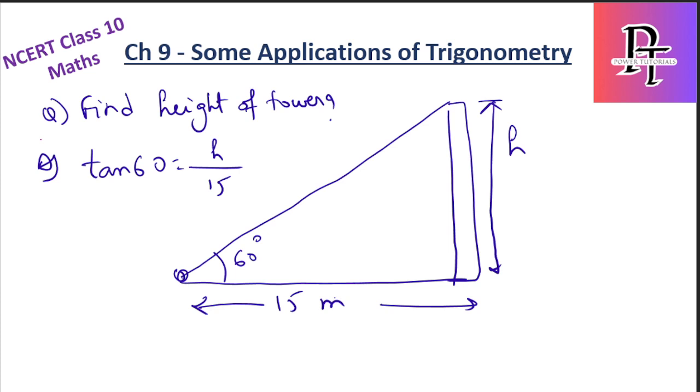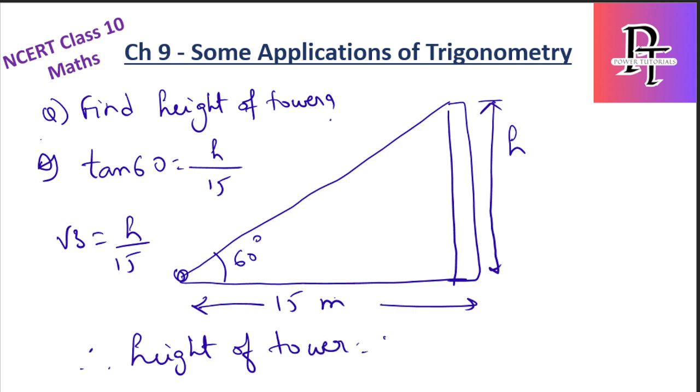What is the tan 60 value? Tan 60 is root 3. Root 3 is equal to h by 15. If you do cross multiplication, the height of the tower will be 15 root 3 meters. Root 3 value is 1.732.